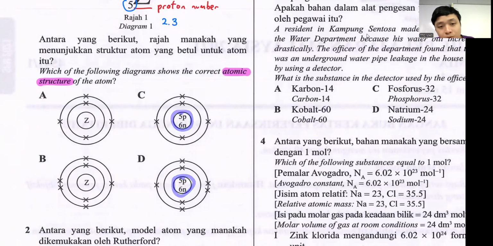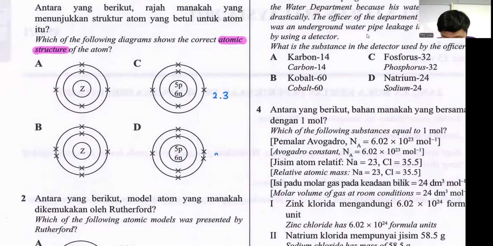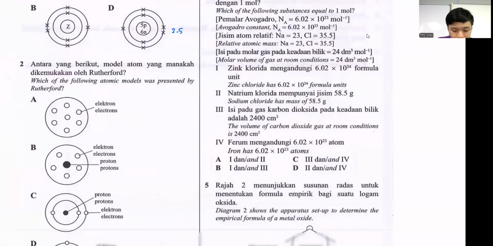Atomic structure means in the nucleus you write the number of protons and number of neutrons. So you find which one is 2.3. C is 2.3. So the correct answer is C.